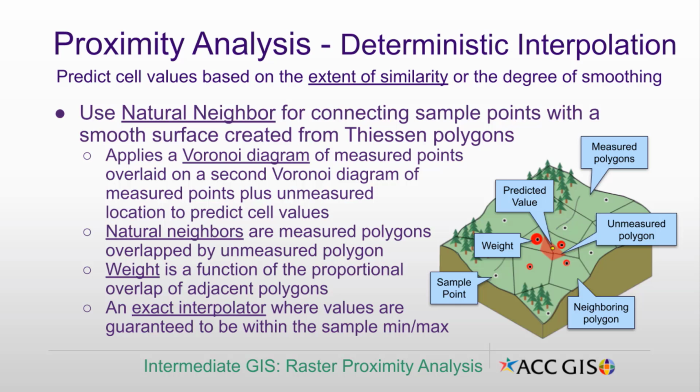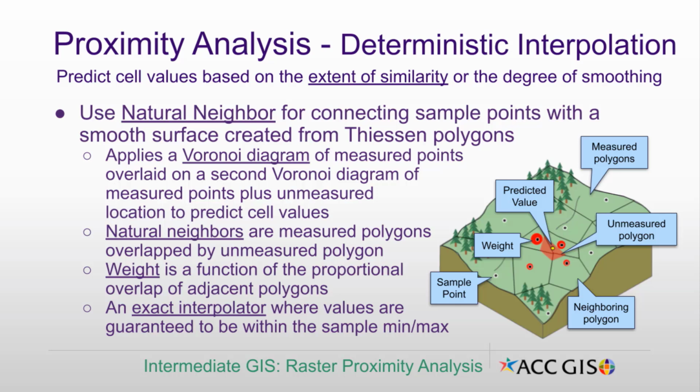So if you look at the example on the right, the black lines represent the first Voronoi diagram. And then a second Voronoi diagram is generated by using the sample points plus the location that I'm trying to predict. And that generates the red Thiessen polygon within the Voronoi diagram that I can utilize to identify my natural neighbors.